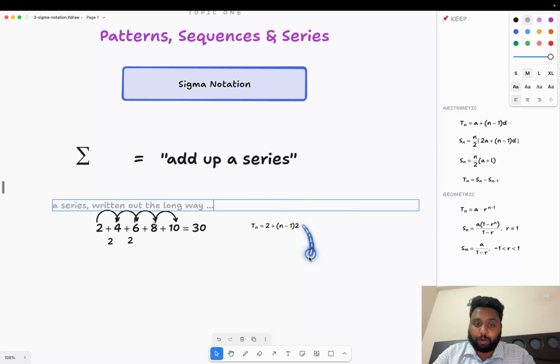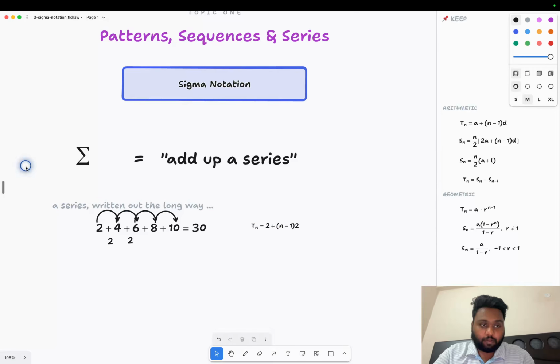And now when we open the bracket, multiplying 2 by n and minus 1, minus 2 and plus 2 will cancel out.